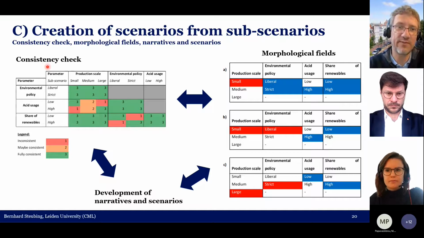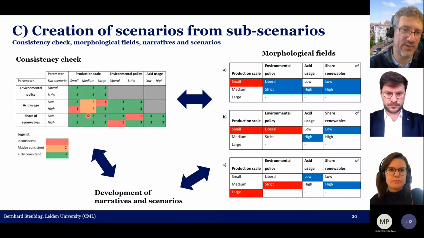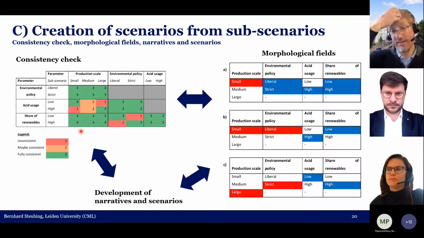Especially if there's many parameters, then there's also many possible combinations of specific values for these parameters, and you may get into hundreds, thousands of scenarios if you just do the combinatorial thing.